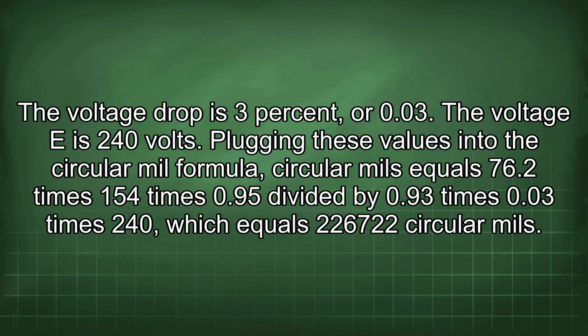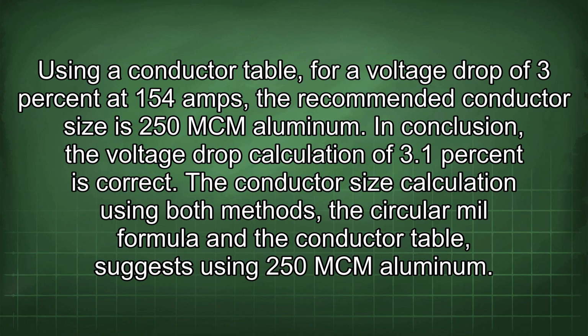Plugging these values into the circular mil formula, circular mils equals 76.2 times 154 times 0.95 divided by 0.93 times 0.3 times 240, which equals 226,722 circular mils. Using a conductor table for a voltage drop of 3% at 154 amps, the recommended conductor size is 250 mcm aluminum.